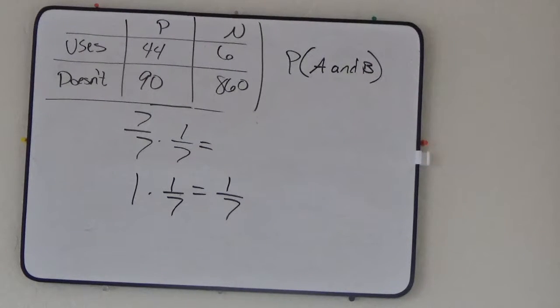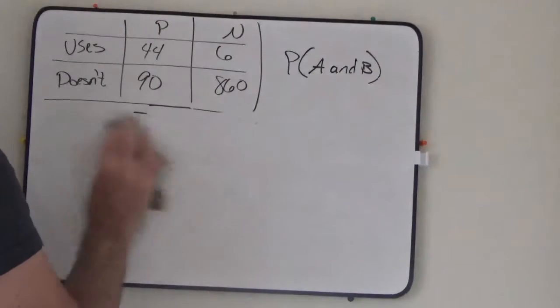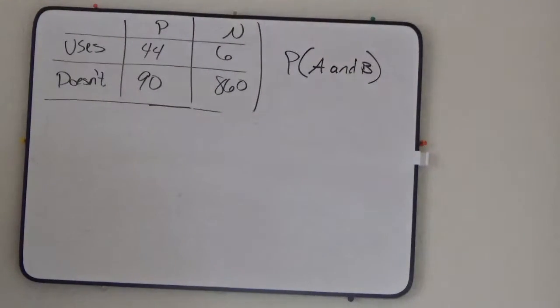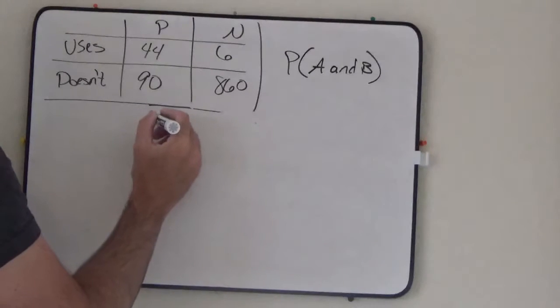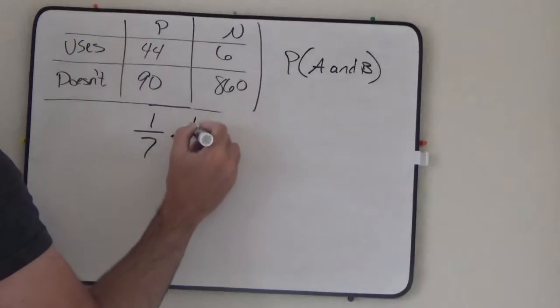Now, if we were looking at the probability of 2 people being born on Monday, that's different because now we have a specific day that the first person has to be born on. That person has a 1 in 7 chance of being born on a Monday, and the next person also has a 1 in 7 chance.